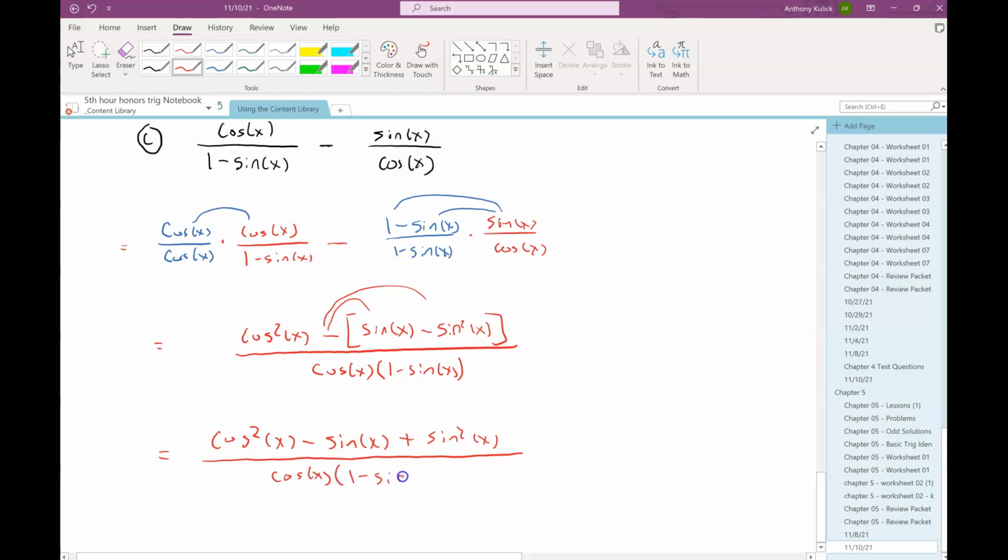To kind of complete the subtracting of fractions there. Does anybody else see an algebraic thing that they might want to do here?